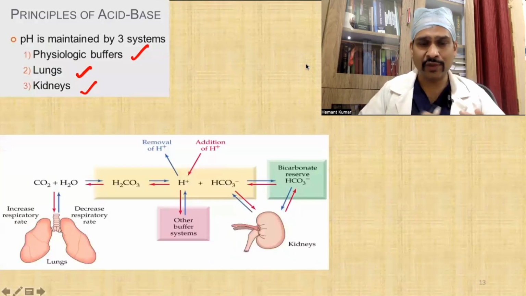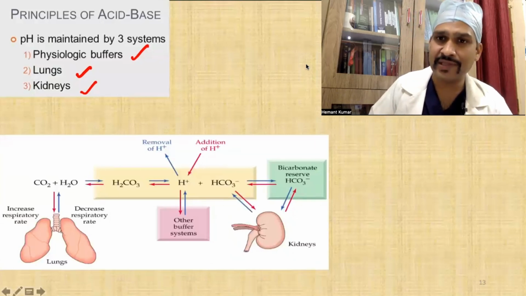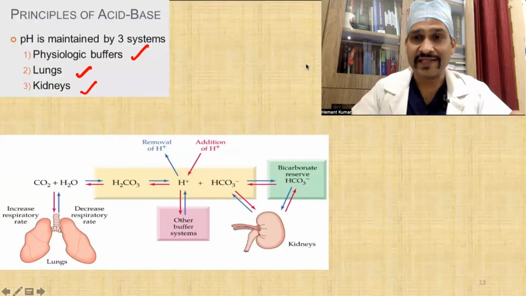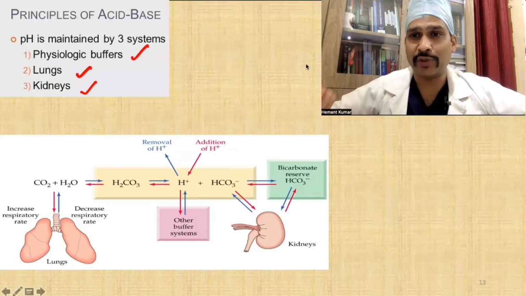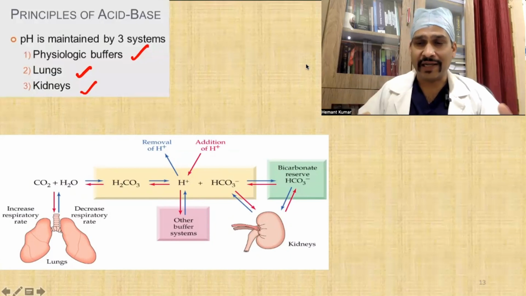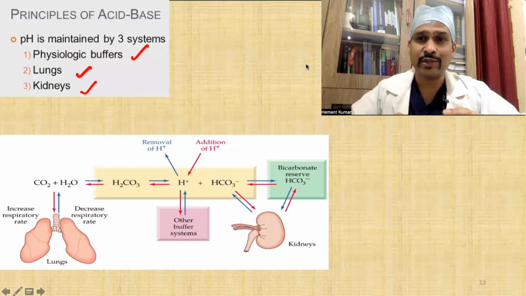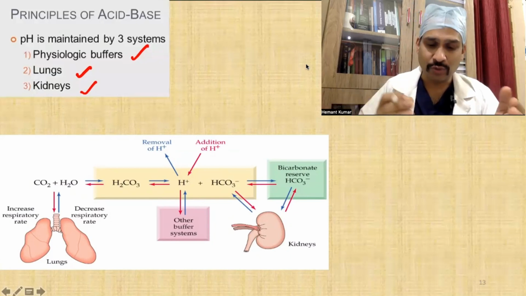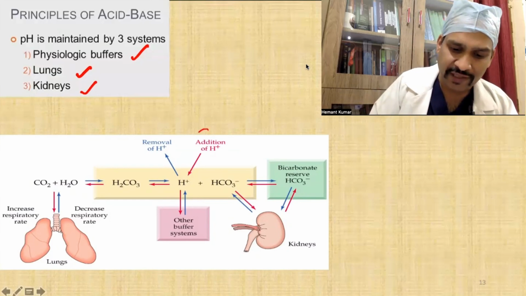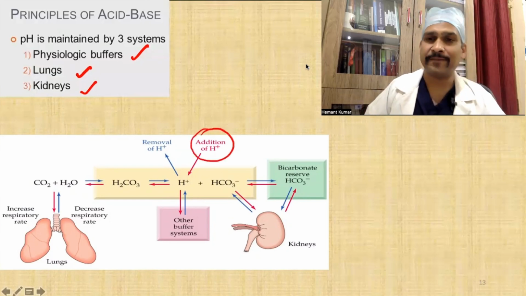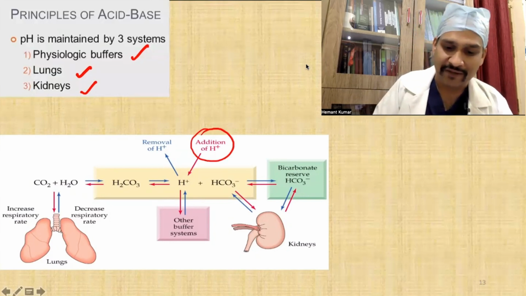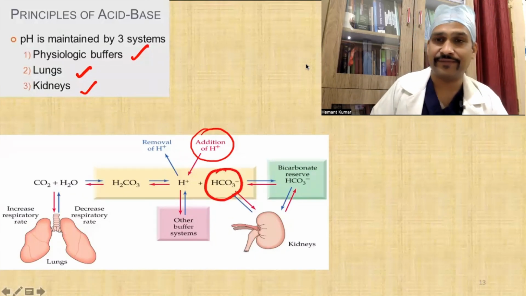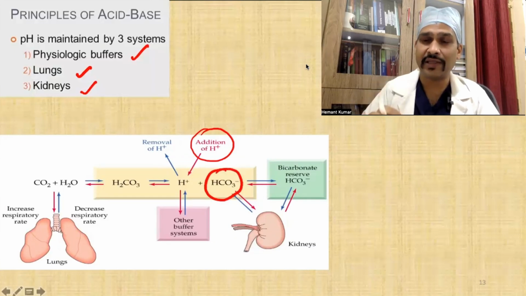So this is something called a buffer. A buffer means if any acid is coming into the body or going out of the body, the buffers act so as not to let the pH change. See this example. If there is addition of H plus ions, meaning acidosis, what will happen? Bicarb, which is the buffer, the most common buffer in our body.